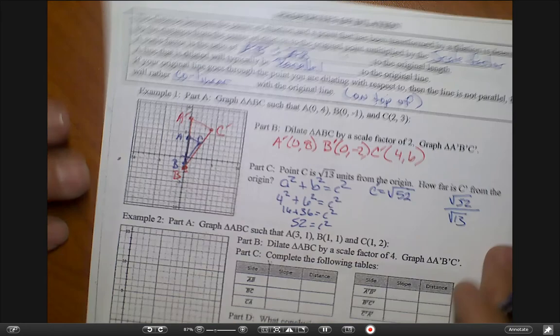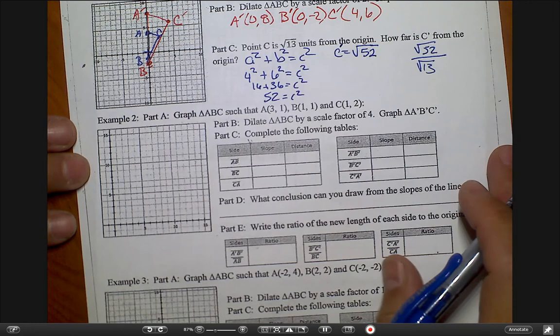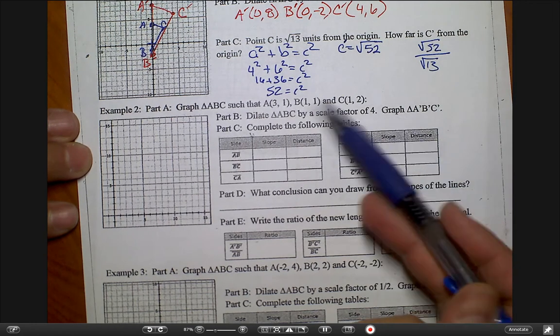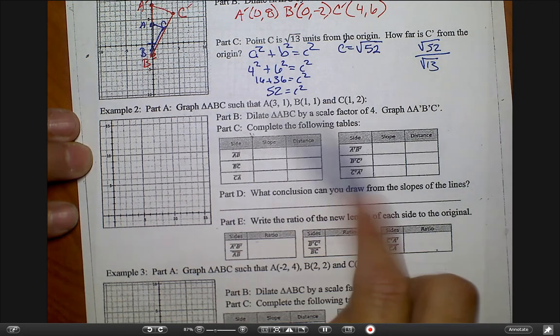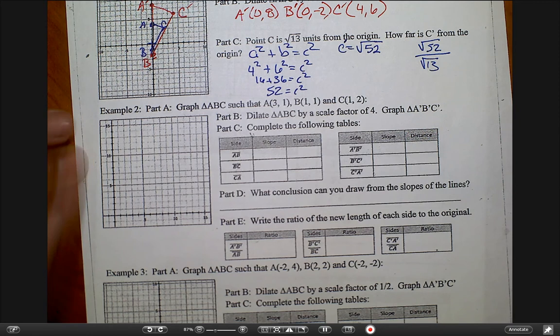Alright, so let's go ahead and do the same thing for example 2. So please, I want you guys right now put these points on this graph.